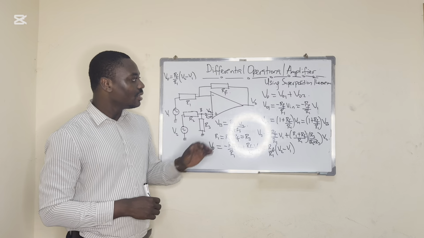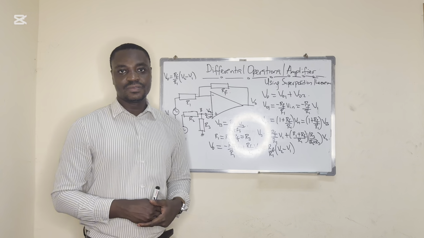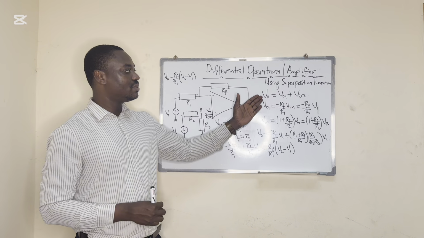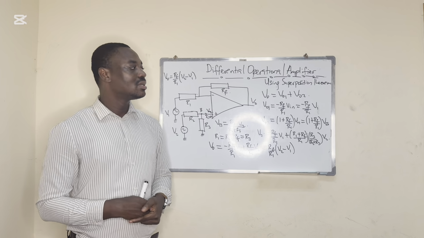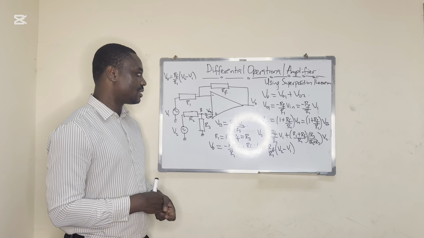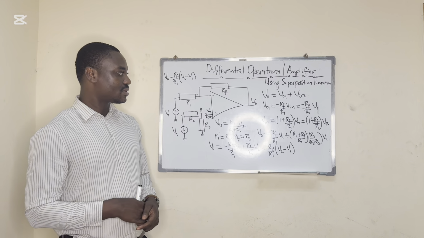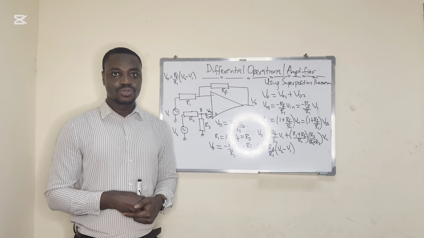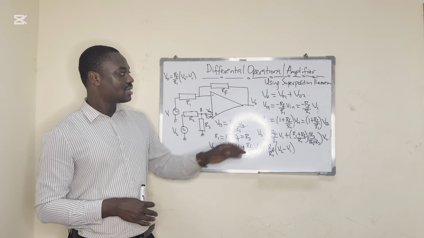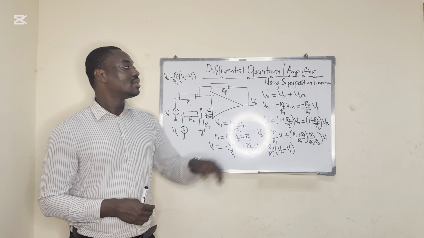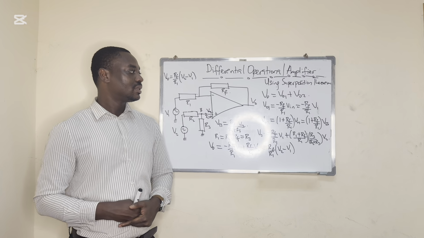Now, how do we determine the output voltage? We want to find the relation between the output voltage and the input voltage sources that we have. We have V1 and V2 as our input voltage sources, and we want to find the difference between them. To do this, we are going to be using the superposition theorem.